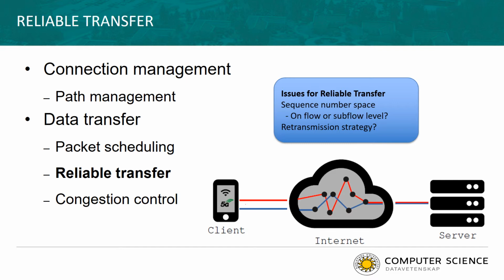For reliability, we also have to consider the retransmission strategy. When a packet is lost, do we retransmit it on the same subflow where it was originally sent, or do we also retransmit it on another path? So this is something that also needs to be considered when creating a reliable transfer.